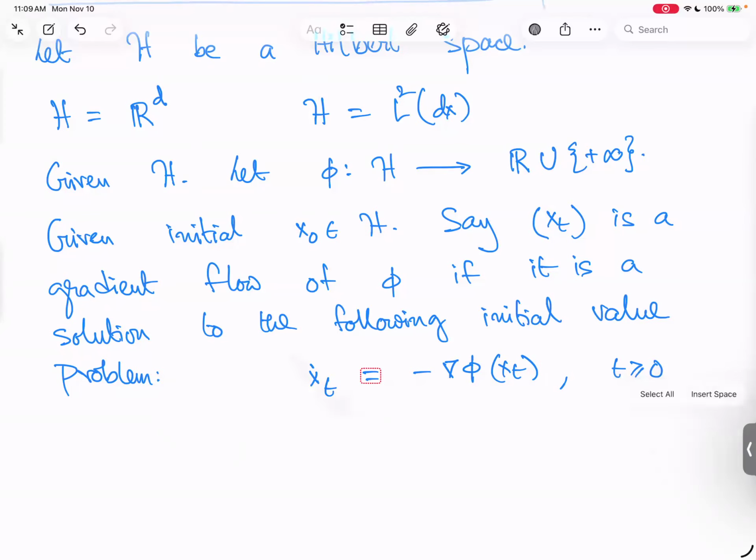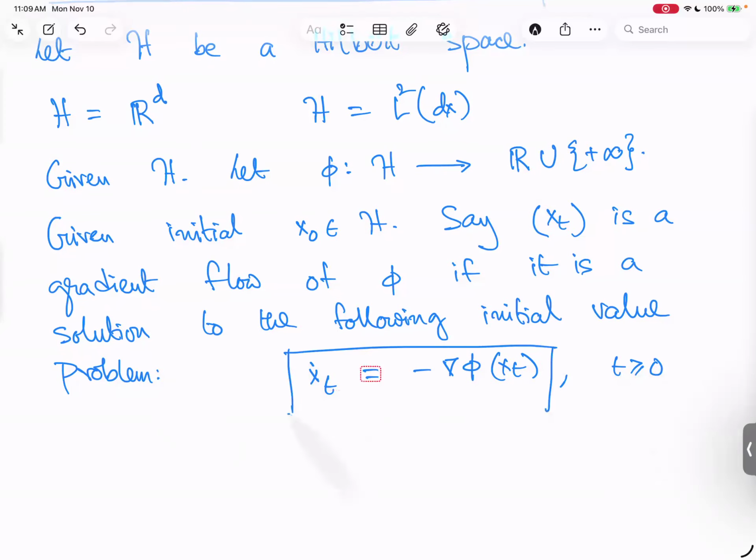So that's my equation of gradient flow for Hilbert spaces.